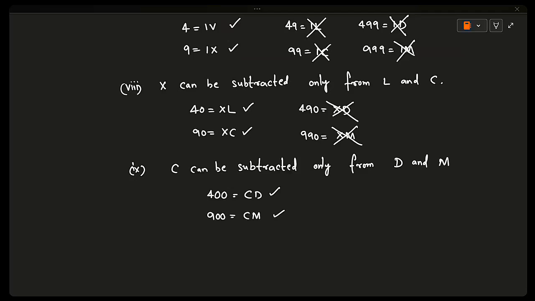Vilochan, I have two doubts, sir. Tell me. Sir, in Roman numbers, we can speak in the Indian system only? I didn't get you. That means you want to write the numbers? No, you can call the numbers in any system.